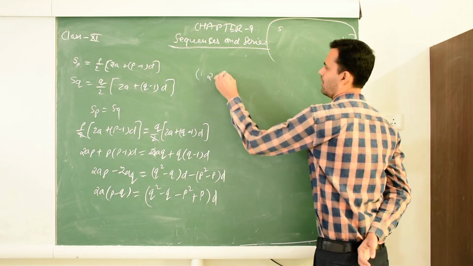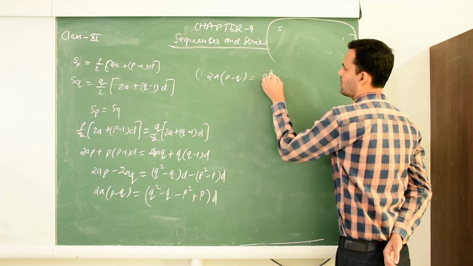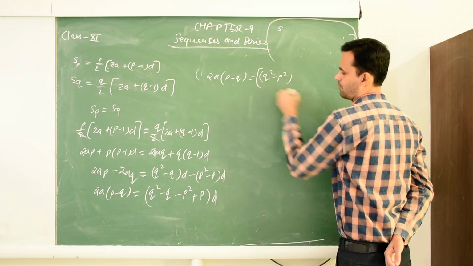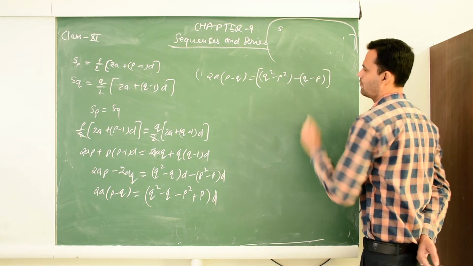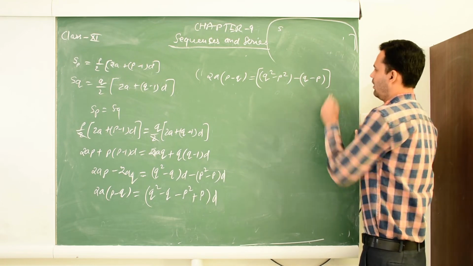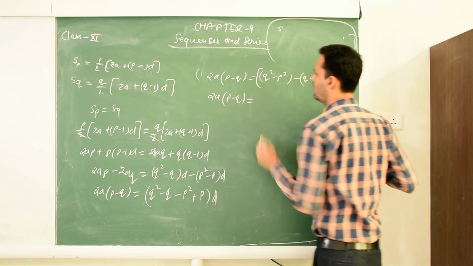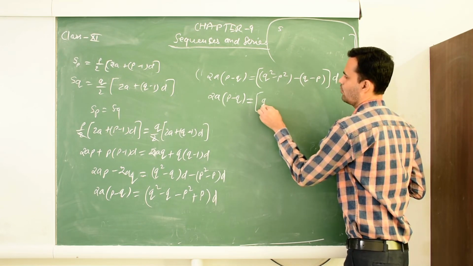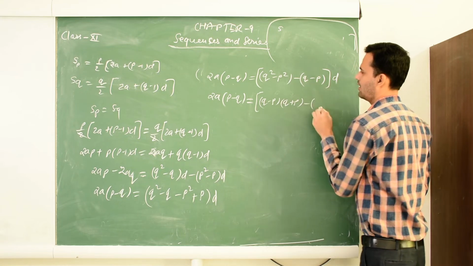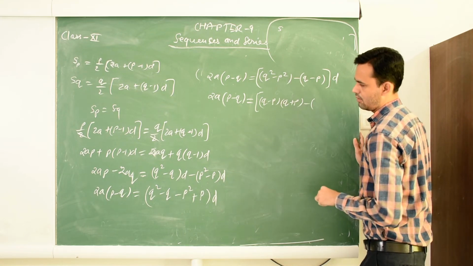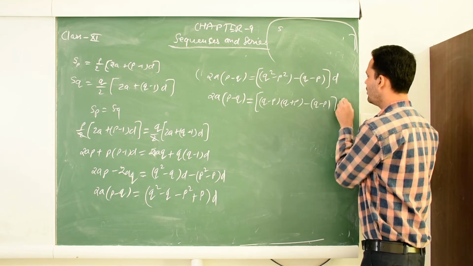Now 2a into (P minus Q) equals (Q square minus P square) minus (Q minus P) common, into d. So 2a (P minus Q) equals, we write it as (Q minus P)(Q plus P) minus, this is (Q minus P) into d.